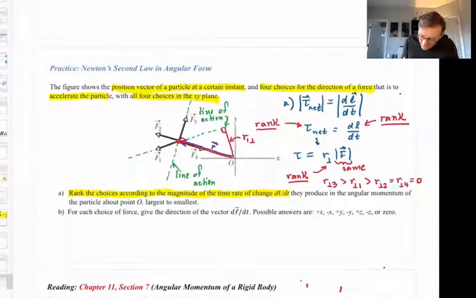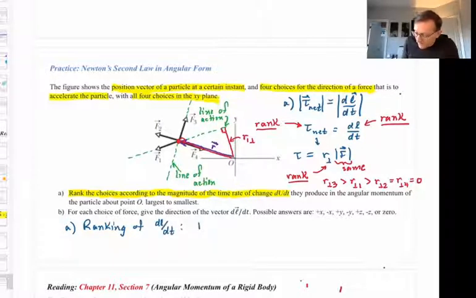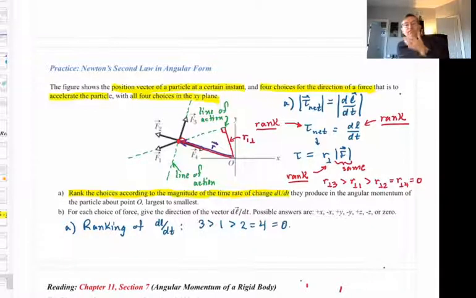Okay, so the ranking of the dL/dts is, well, let me state that explicitly. Ranking of dL/dt. I'm just going to write it like this. 3 is bigger than 1, is bigger than 2 and 4, which are equal to 0.